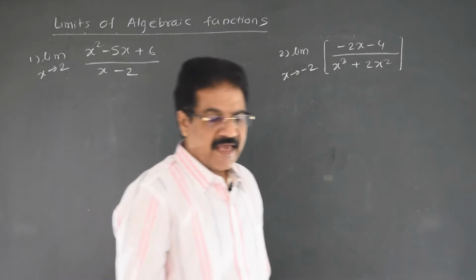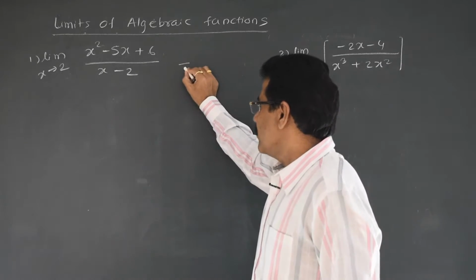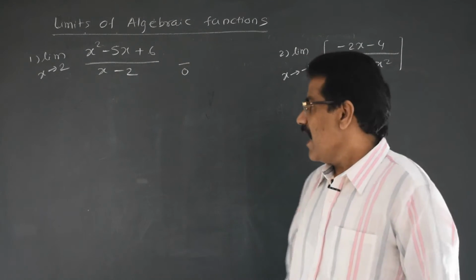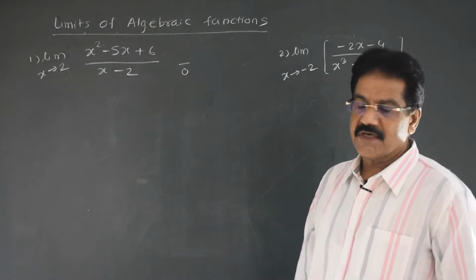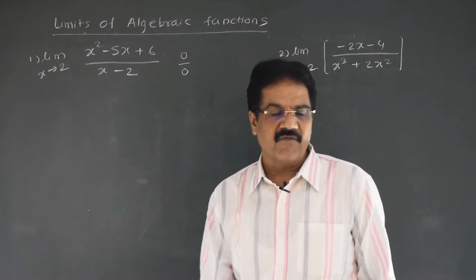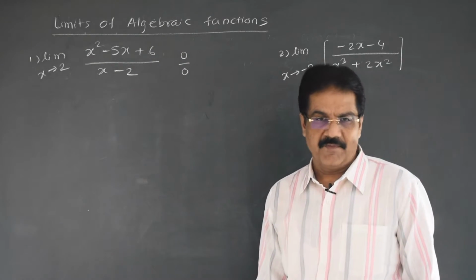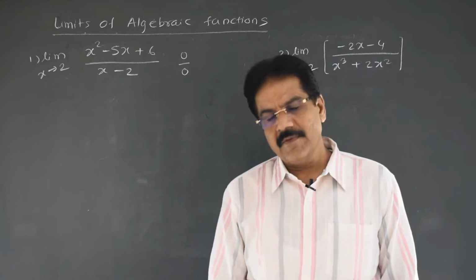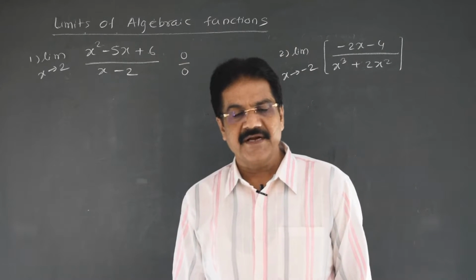If you put x equal to 2 directly, you can observe that we get 0 in the denominator, and in the numerator again we get 0, means it is in the form of 0 upon 0, and that is called indeterminate form. So while solving the example, you have to simplify it further. You cannot put the limit directly.